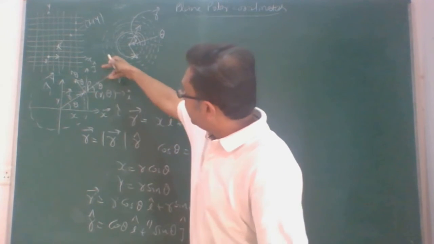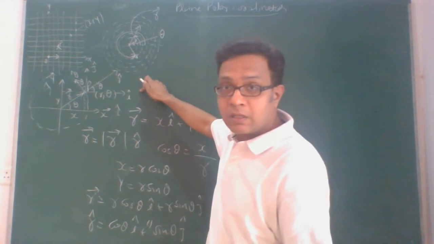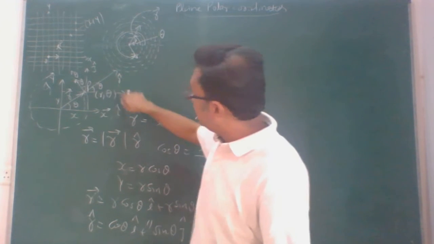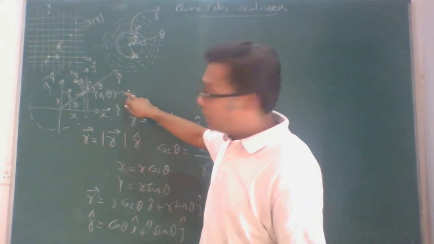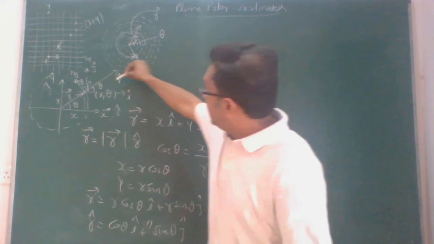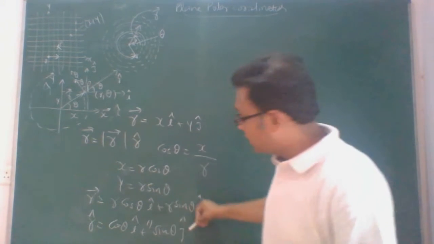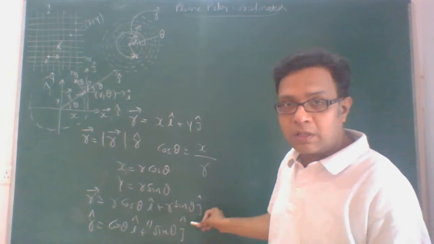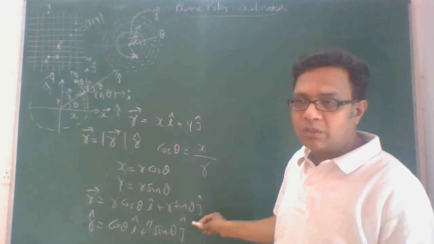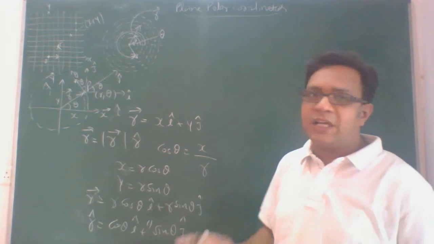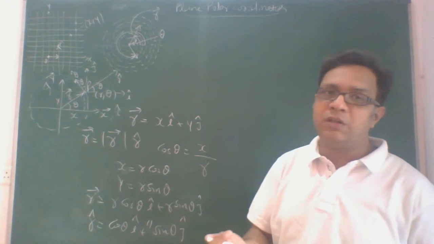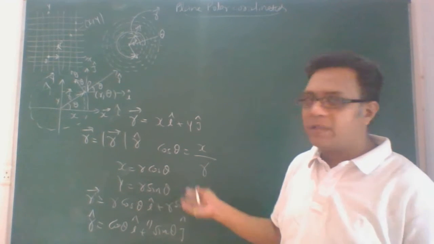So same two directions I can project here, j cap and i cap, for this so-called r cap. So r cap, using the same triangle again, we can write r cap is nothing but the cos theta component with i cap and sin theta component with j cap. So I again reach the same conclusion that r cap is equal to cos theta i cap plus sin theta j cap. So this is how I know the direction of this new radius vector in terms of previously known Cartesian unit vectors i cap and j cap.